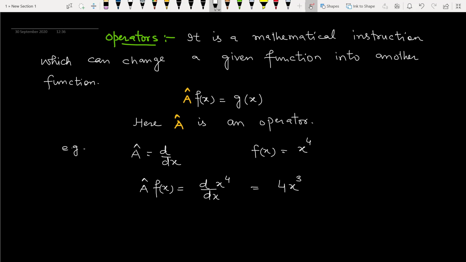This is 4x cube, and we will say this is a new function g(x). So when the derivative operator is applied on the function x raised to power 4, it gives a new function 4x cube.